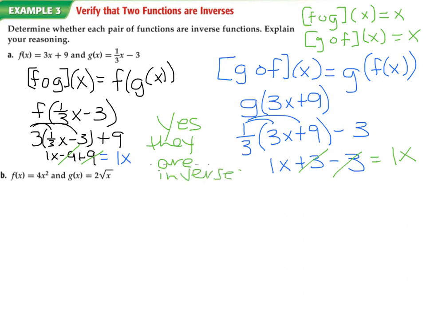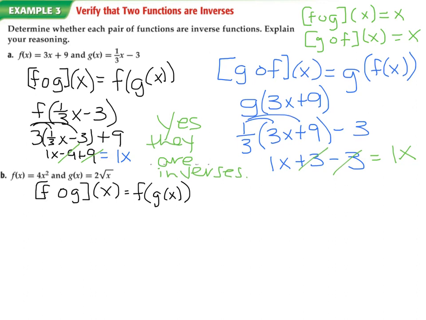So let's take a look at the second example. We're going to do the same thing here. First, we'll test our first example, and we know that's going to be written as f of g of x. So we plug this in here: we're going to have f of 2 square root of x.